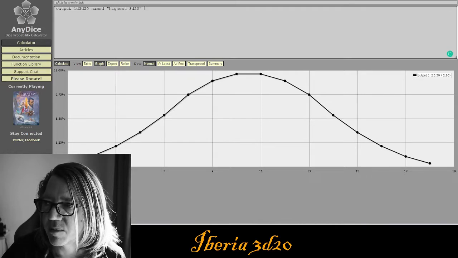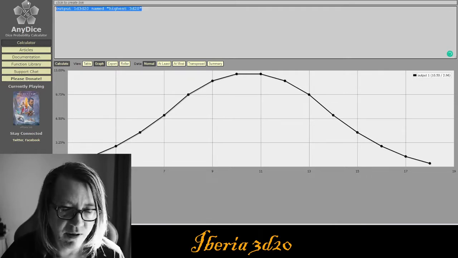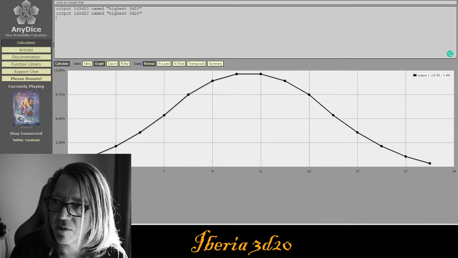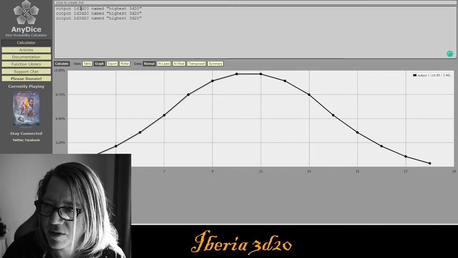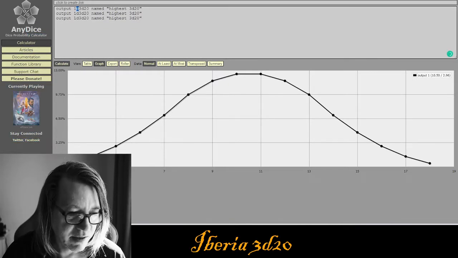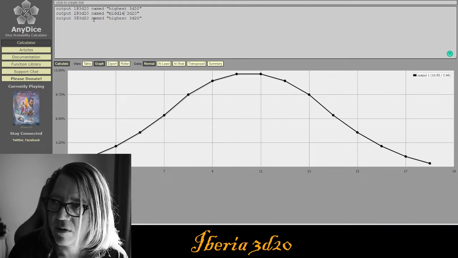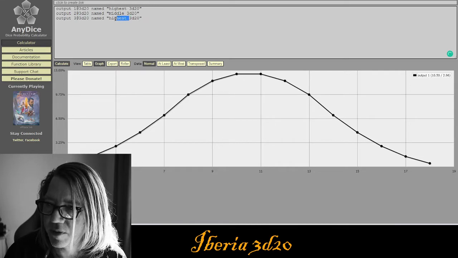I'm just going to copy and paste this and put 3 outputs in here, because I want to demonstrate those 3 outputs. And I did something wrong already. Okay, each one of these has to have an at sign. At. And this is the second, the third, and this is going to be middle. This is going to be low.